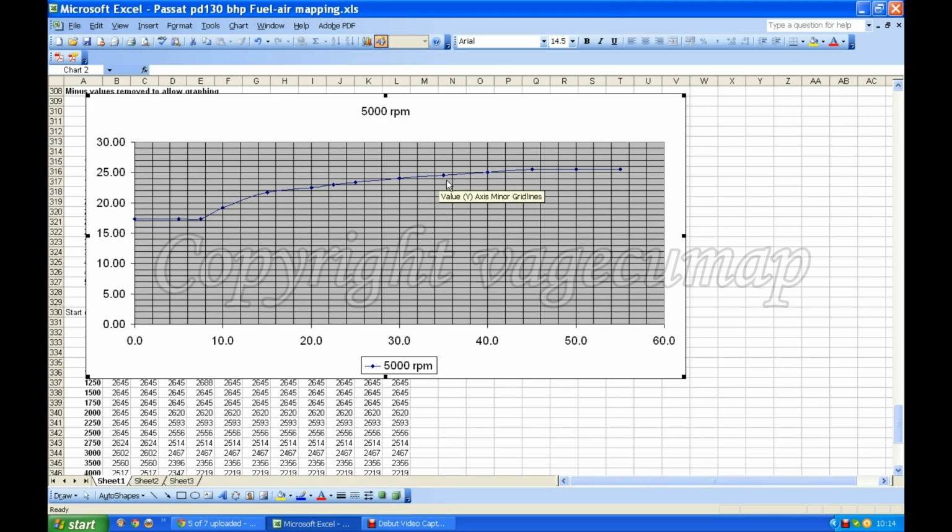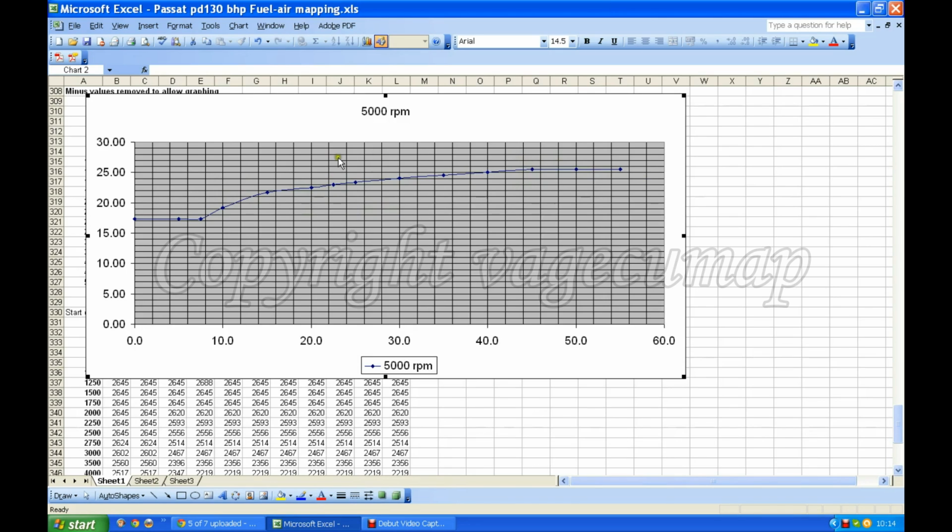That's one. And the other thing that might be occurring, but it's difficult to see because we don't have the available data, is that there might be a very slight amount of advance built into this as well. It won't be much, only somewhere between about 0 and 2 degrees.